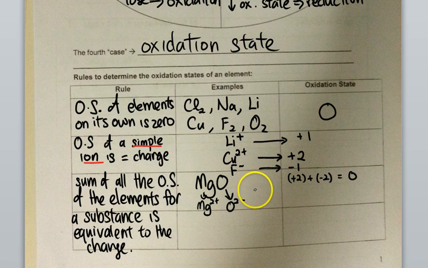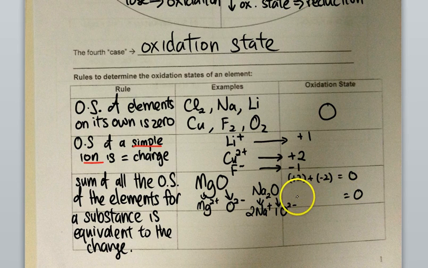We can have another example. Maybe we can try Na2O. Na2O is made out of 2 Na plus and 1 O2 minus. So how do you calculate the overall oxidation state? Definitely overall the charge is 0, so it must be equivalent to 0.